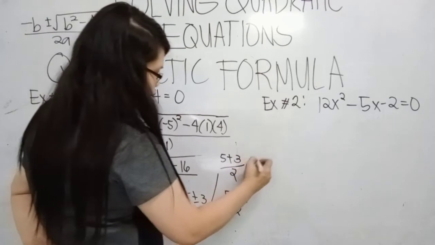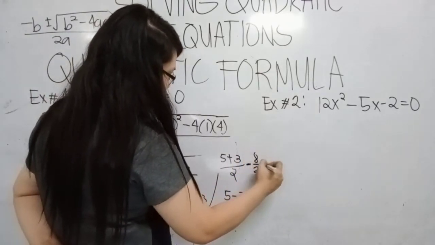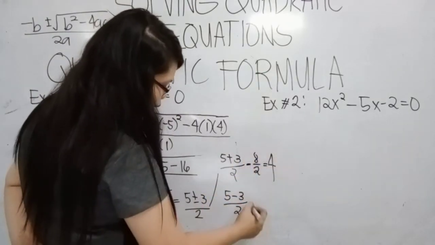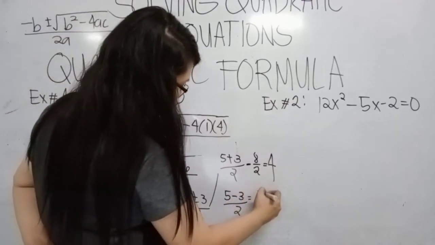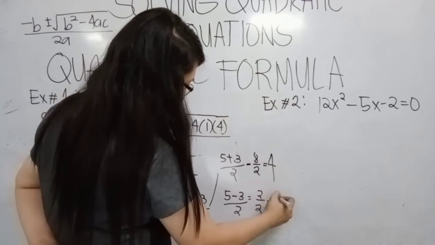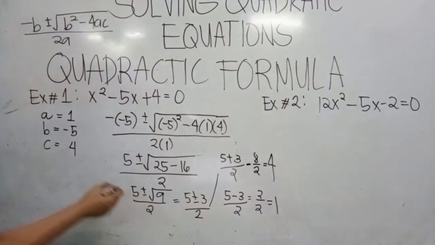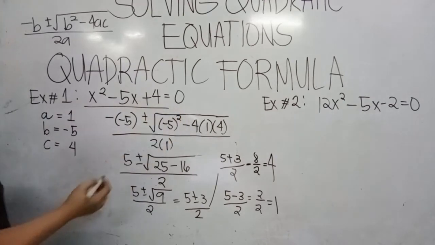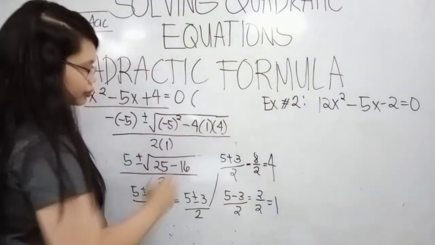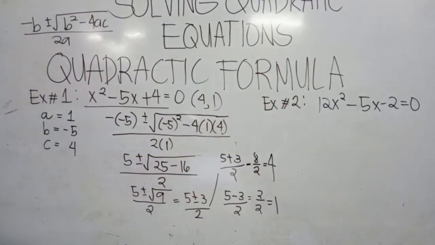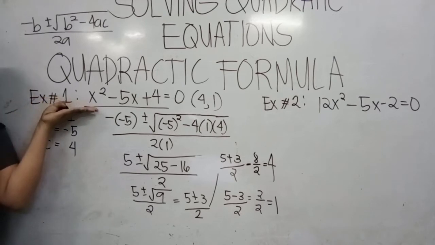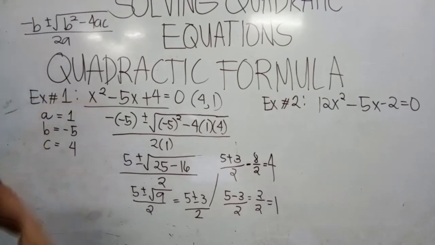So 8 divided by 2 is 4, and 2 divided by 2 is 1. So for this quadratic equation, we have the roots 4 and 1. That's how to solve using the quadratic formula on the given equation x squared minus 5x plus 4 equals 0.